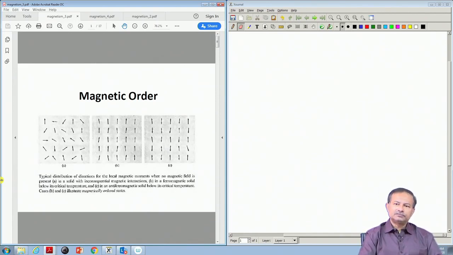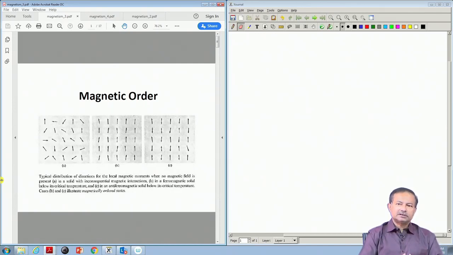Only a fraction of electrons, which is kBT by EF, can participate in the magnetic response, and their response is again Curie-like, but there is a factor of kBT by EF multiplying that, so the temperature cancels out, and you get a susceptibility which is temperature independent and proportional to the density of states at the Fermi level. So, this is what we have seen so far.